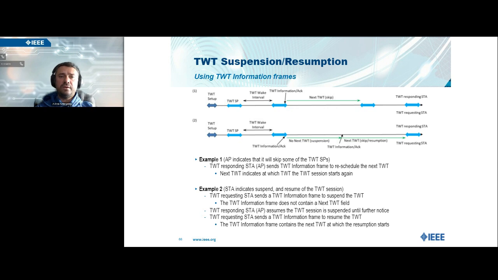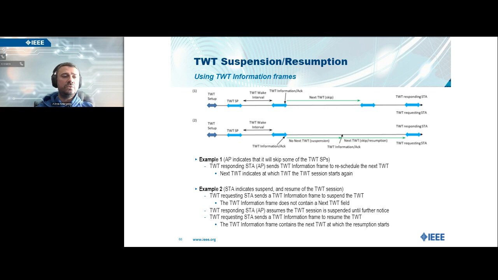So when you have the until further notice, it's a suspension because you don't know when it's going to be resumed. And it's essentially a reschedule when you know when it's going to occur. So now if you have suspended, you would need another TWT information frame to be sent to the access point to resume that schedule again.